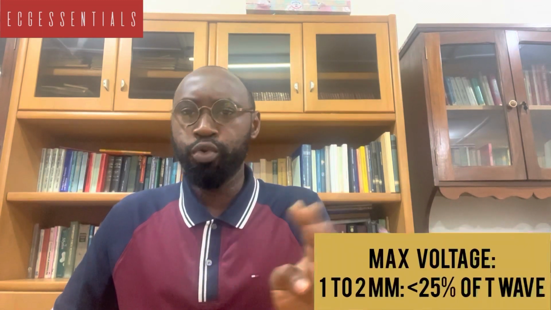As I mentioned, they are supposed to be small deflections, and so a maximum amplitude of 1 to 2 millimeters is expected. Others put it that the U wave should be less than 25% of the preceding T wave. But to make it simpler, 1 to 2 millimeters in terms of amplitude.